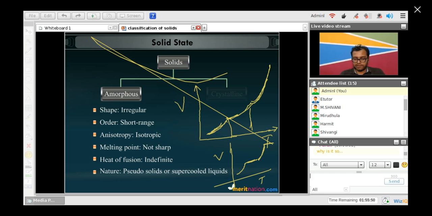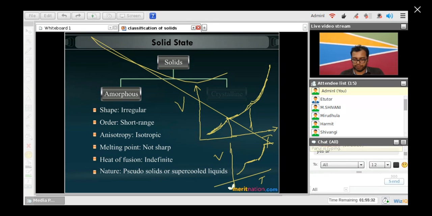So is it clear? Is the graph clear to you? Sorry about the line that has been drawn here. Not able to remove it. Is the graph clear to everyone? Is this graph clear to everyone? How the phase transformation will take place in an amorphous solid?